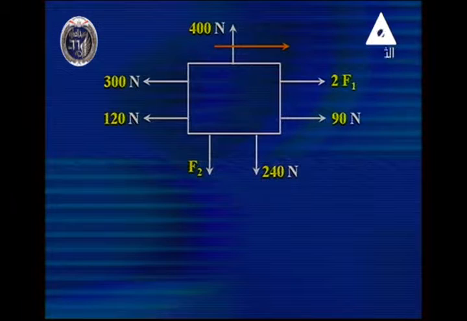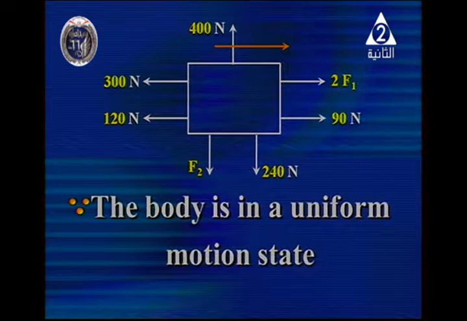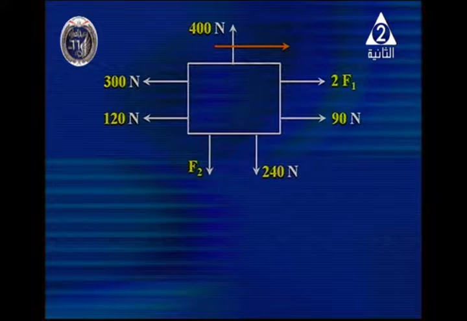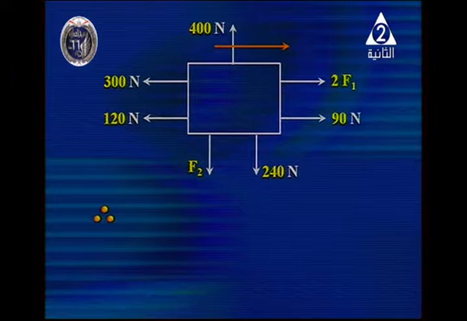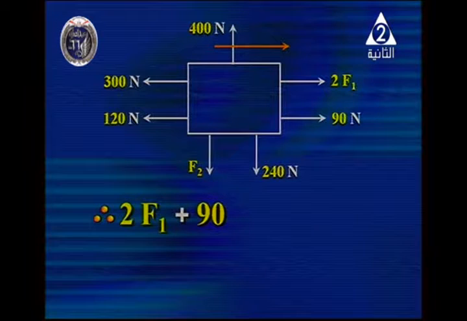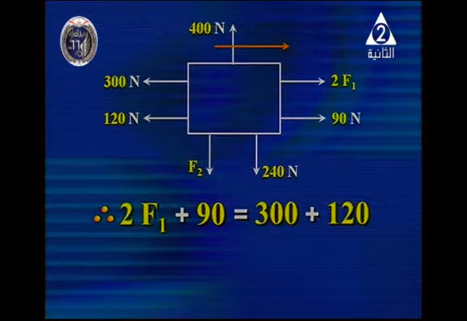Solution. Look at, dear student, the body is in a uniform motion state. What do you mean by uniform motion state, dear student? Horizontal forces are in equilibrium. Horizontal equation: we have the first equation 2F1 plus 90 equals 300 plus 120.